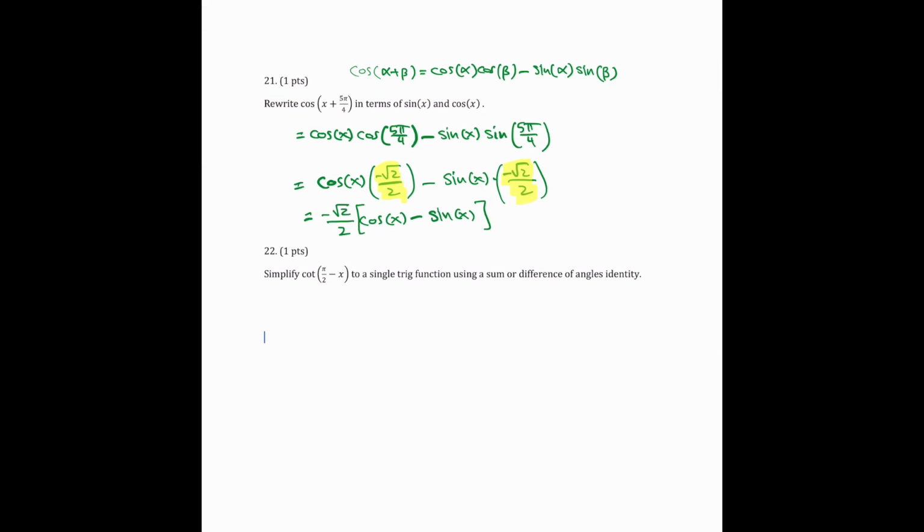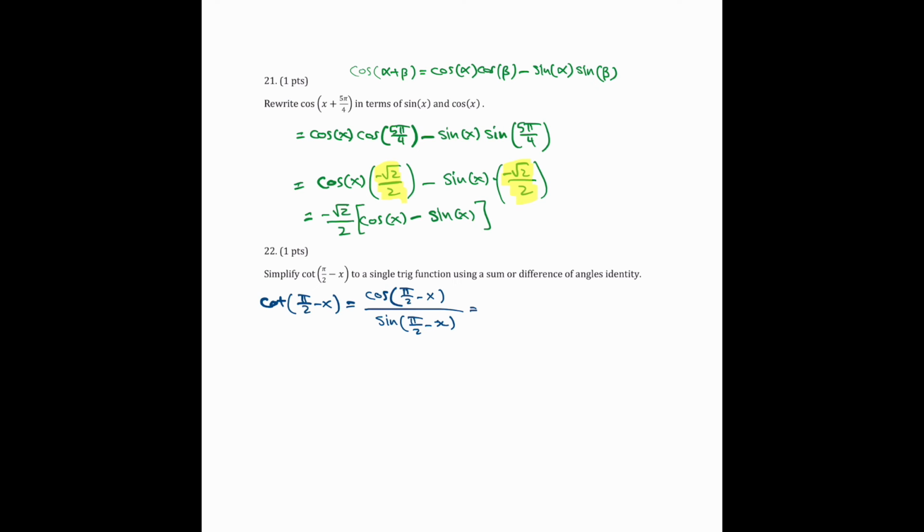Number 22, we know that cotangent is equal to cosine over sine. So cotangent pi over 2 minus x is equivalent to cosine pi over 2 minus x divided by sine pi over 2 minus x.